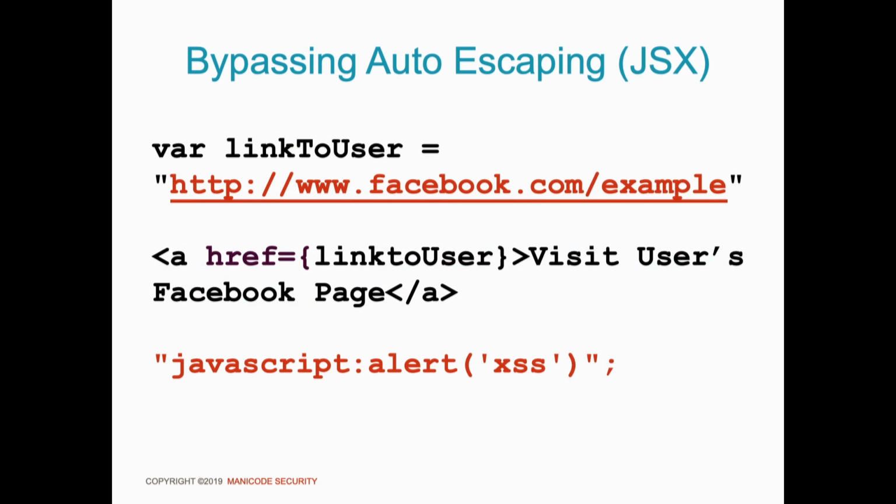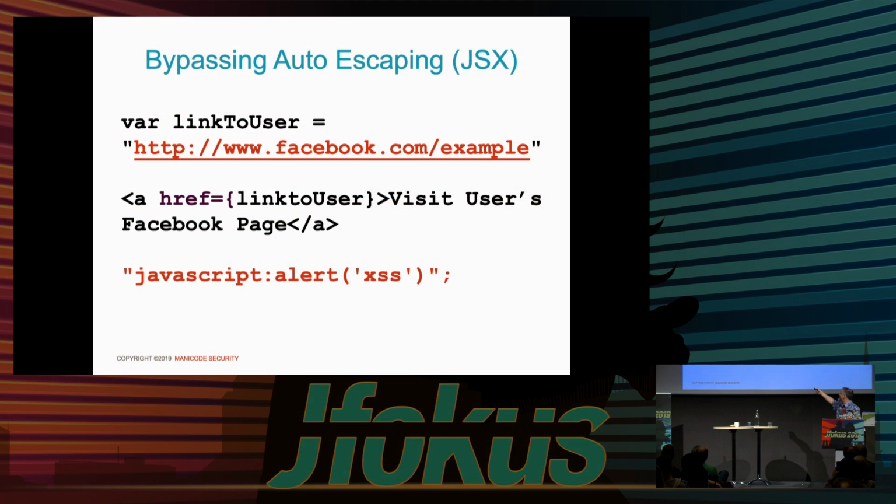Say yes, it is. And this will execute even if I escape. This is the main way I am able to bypass React security. I just do a search in all your code for href equals open tilde, and that's almost always going to be a URL that if it's not validated properly will lead to cross-site scripting.